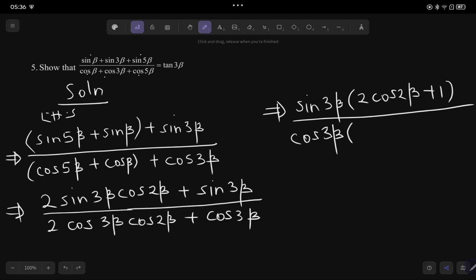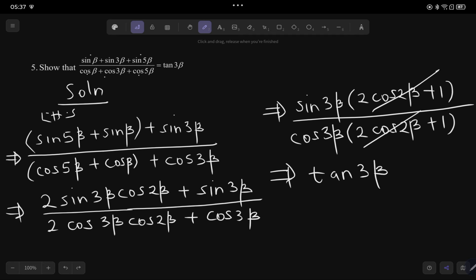We remain with the 2 cos 2 beta plus 1. Now these brackets are the same, so they will cancel out. We remain with the sin 3 beta over cos 3 beta. It gives us the tan of 3 beta, which is our right hand side as required.